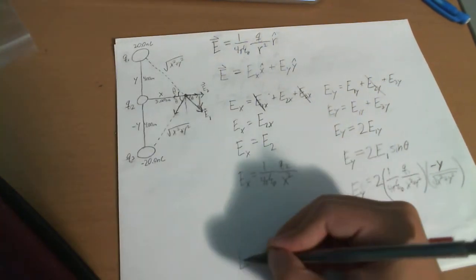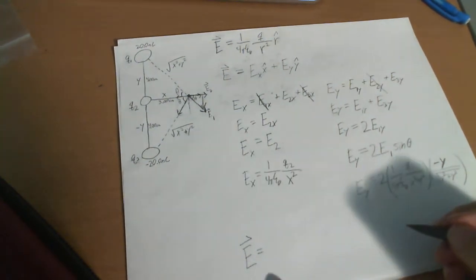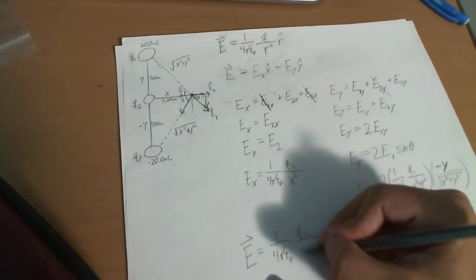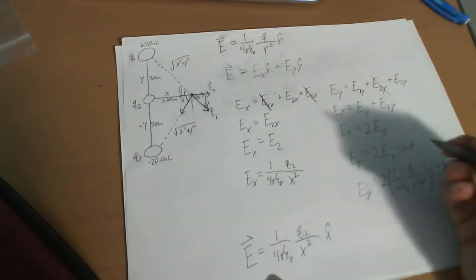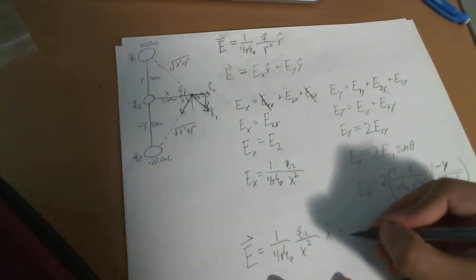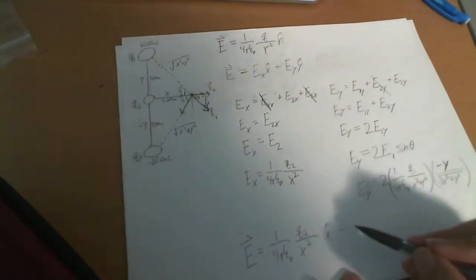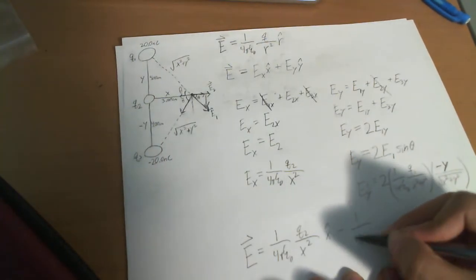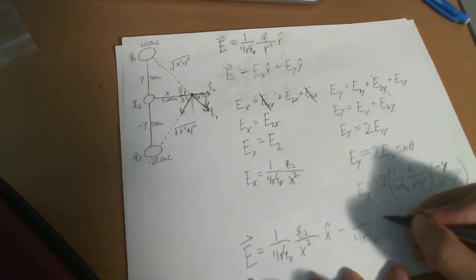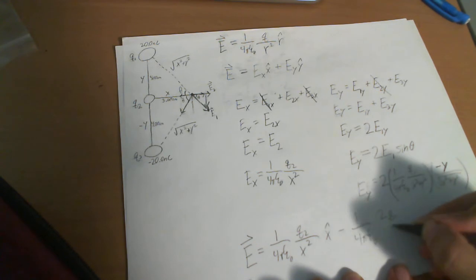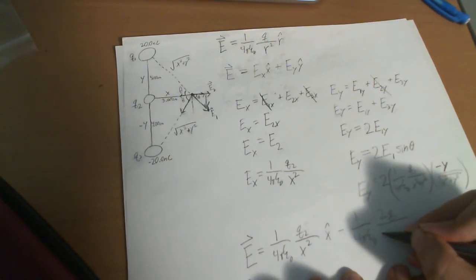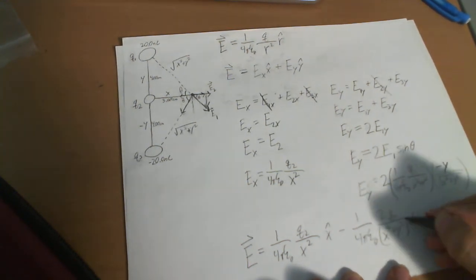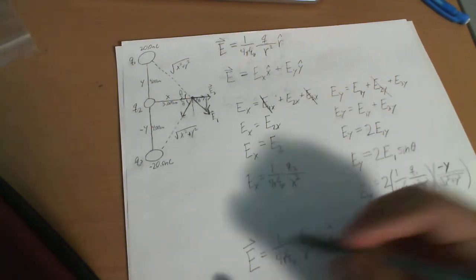And now we put it all together. So we get that our vector E is going to be 1 over 4 pi epsilon naught times Q2 over x squared in the x hat direction minus, right, this is the minus from the y, minus 1 over 4 pi epsilon naught times 2 Q1 over x squared plus y squared to the power of 3 halves in the y hat direction.